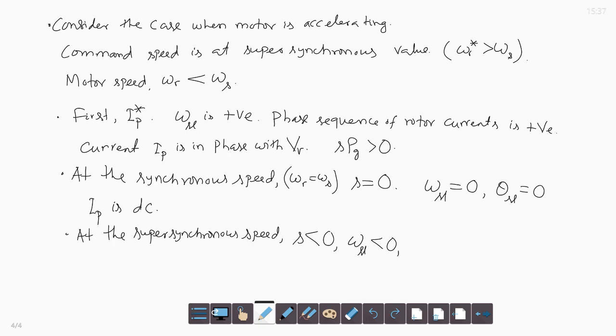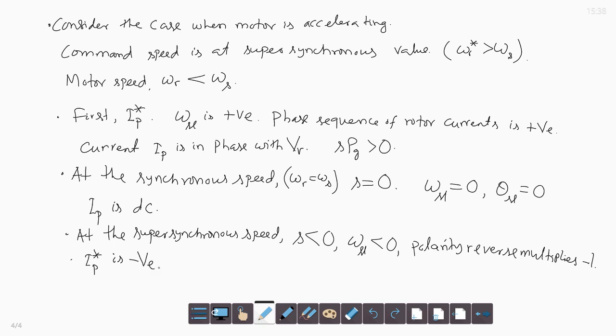So, with that the polarity reversal multiplies by -1. Polarity reversal in this case becomes -1. So, IP star is now negative.